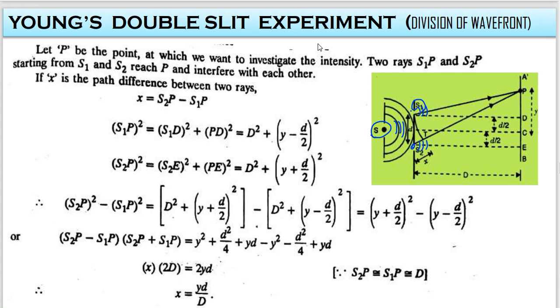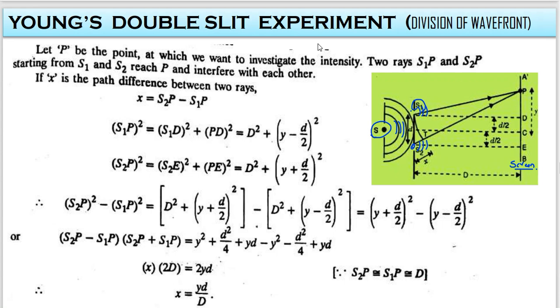So what will happen due to interference of these two wavefronts? An interference pattern is obtained on the screen AB, and on this screen we get the interference pattern. What kind of pattern we obtain on the screen we shall derive and discuss in this video.